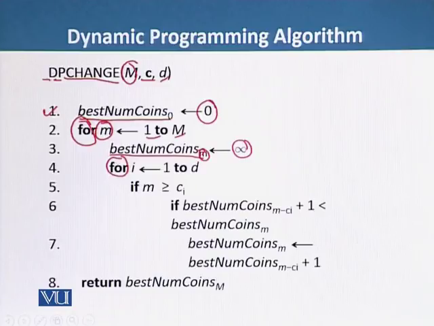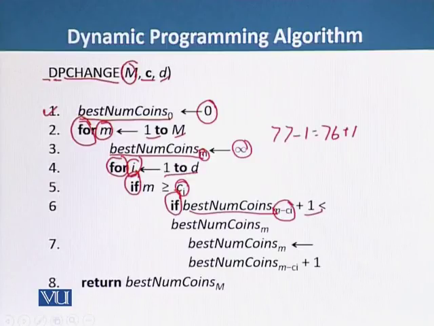Then a for loop will apply, as we have seen in the previous recursive algorithm, assigning the value 1 to i. The if condition will apply, and if the value of m is less than or equal to ci, then we will see if the value of best number of coins m minus c1 plus 1 is less than best number of coins m.